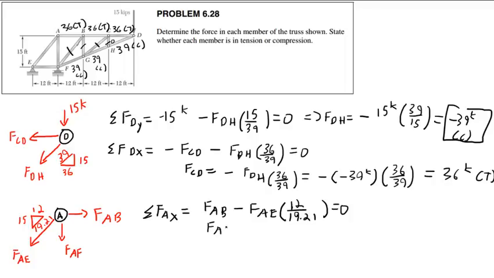So FAB equals, that's going to be 36 kips.